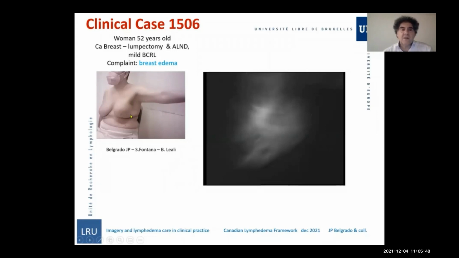So the patient is already relieved by the information that the tension in the breast is not due to the relapse of the oncological disease, but this tension is due to the lymph from the arm of the upper limb draining into the breast, and this allows us to teach the patient in front of the camera to drain herself.